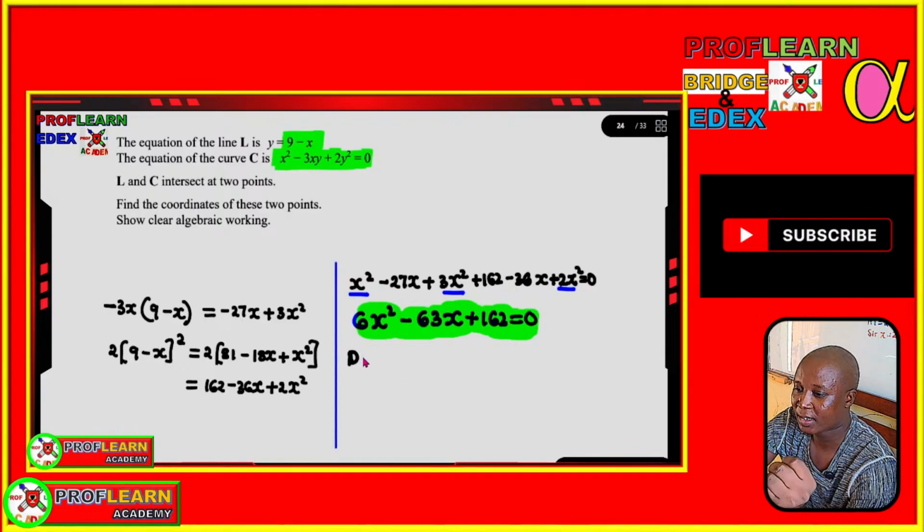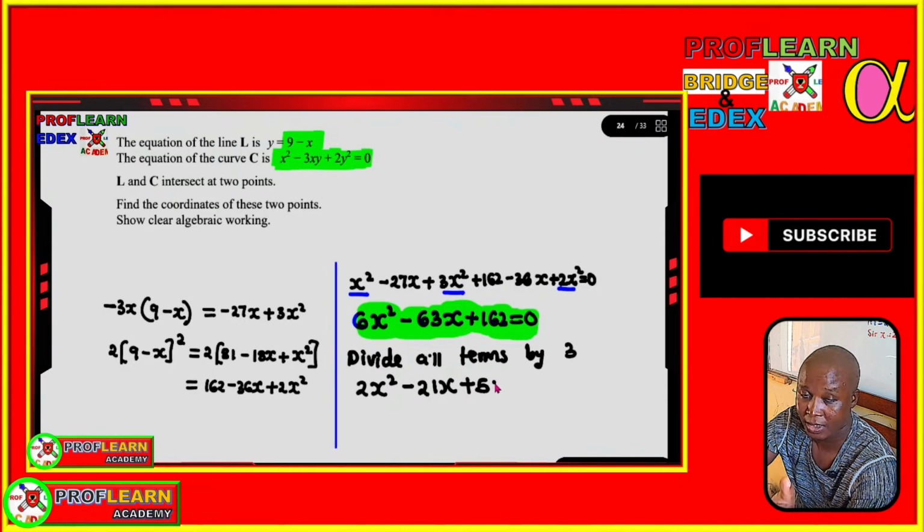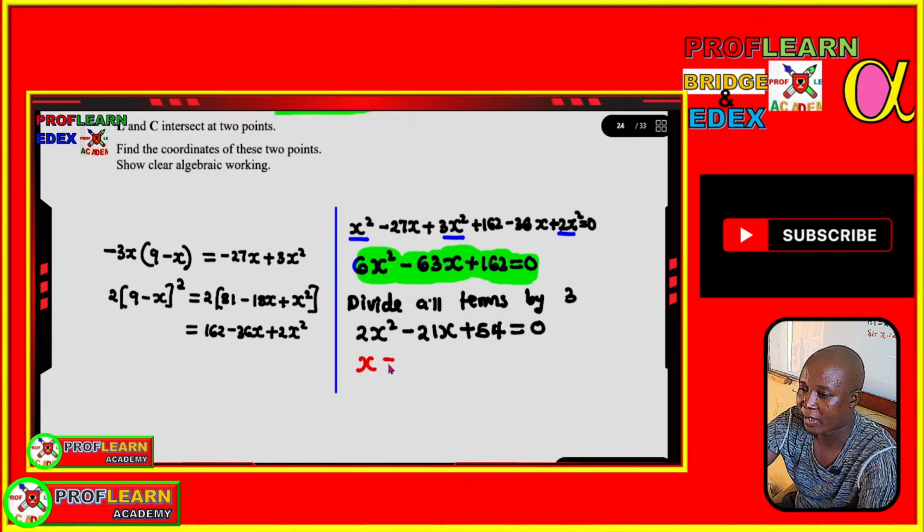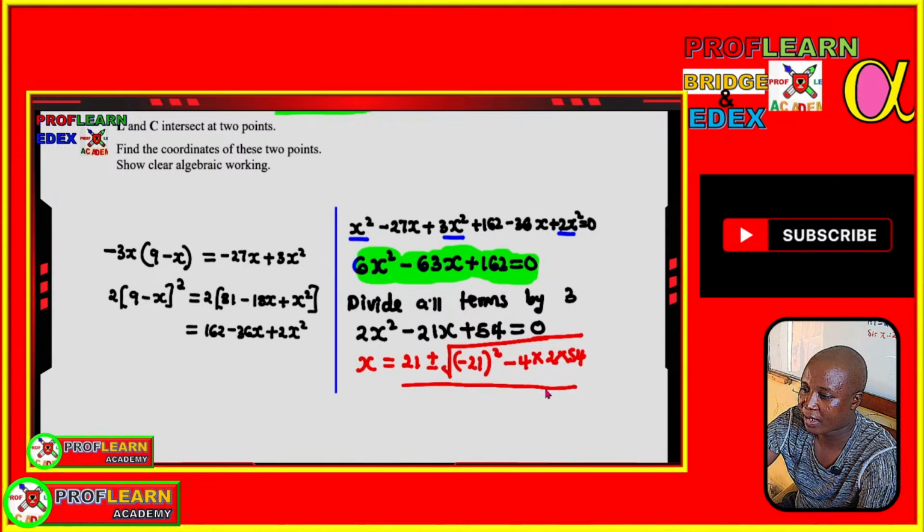So in this case, I want us to divide all through by 3 first to reduce this equation to a manageable level, and then we can apply the formula in order to work it out. So we can apply the formula like that, substituting everything as it is. So it will be 2 times 2, which is going to be 4 in that case.